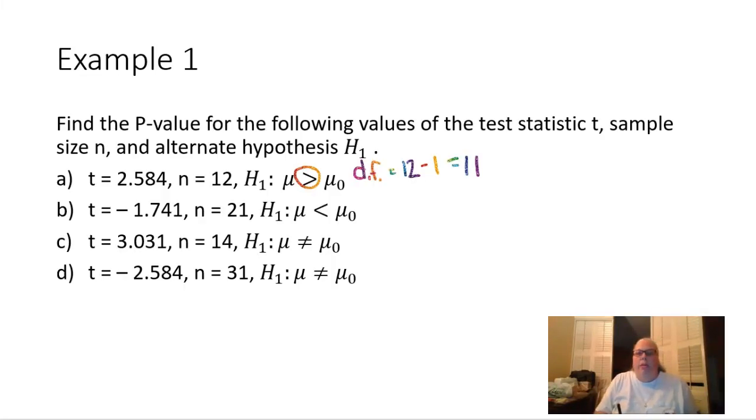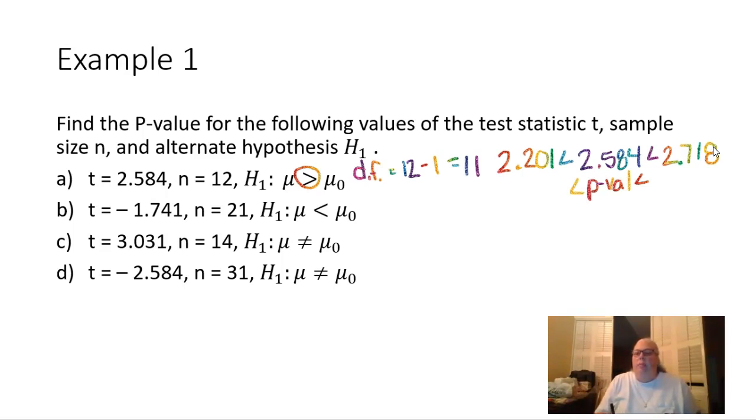Okay, so here's what we can say. We know that 2.201 is less than our test statistic, 2.584, and that is going to be less than 2.718. That means the p-value that goes with 2.584 should be in between the two p-values for these numbers.